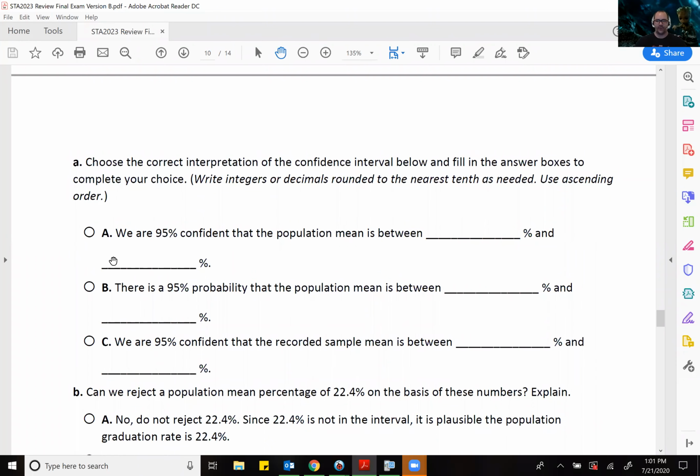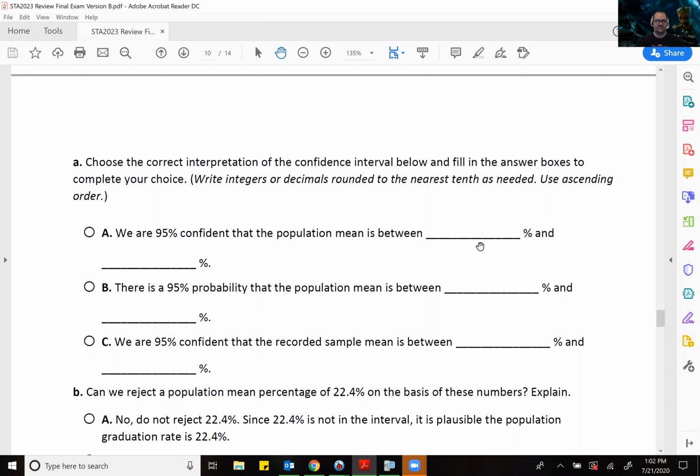So our choice here that we want to go with is A, because we are 95% confident that the population mean is between these two percentages. Okay? It's not a probability, and it's not about the sample mean. Okay? It's about the population. So we're going to choose A.